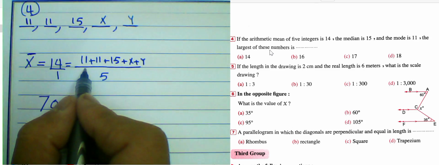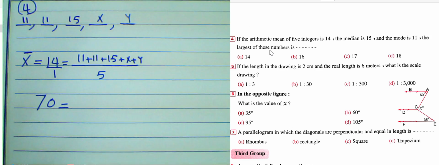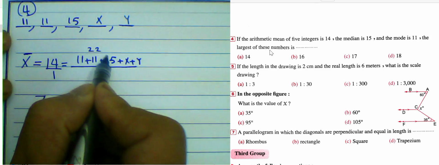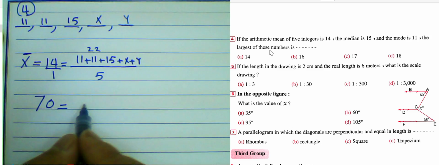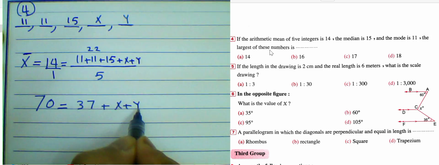And we can add 11 plus 11 plus 15 to find the result. 11 plus 11 will be 22. 22 plus 15 will be 37, plus x plus y.